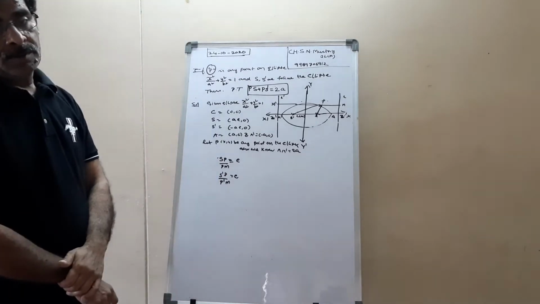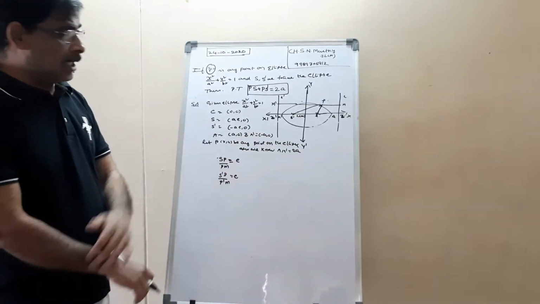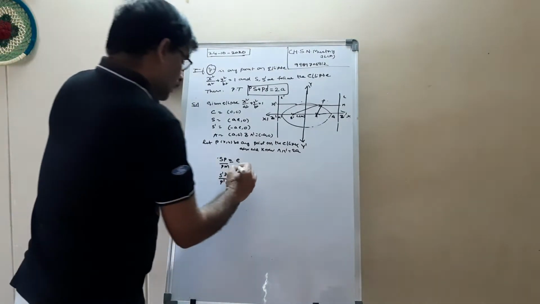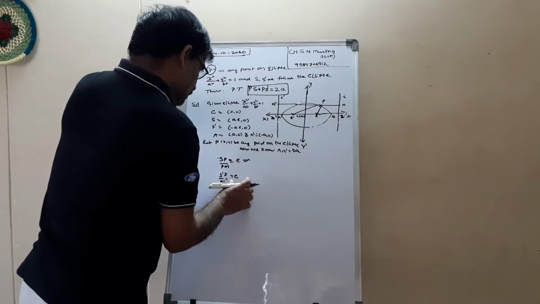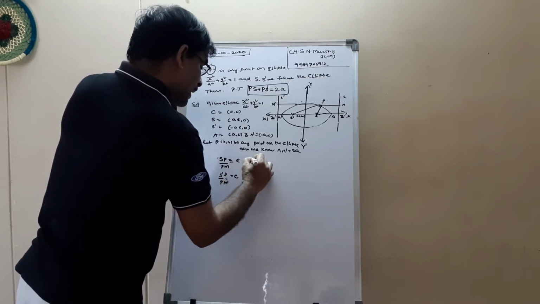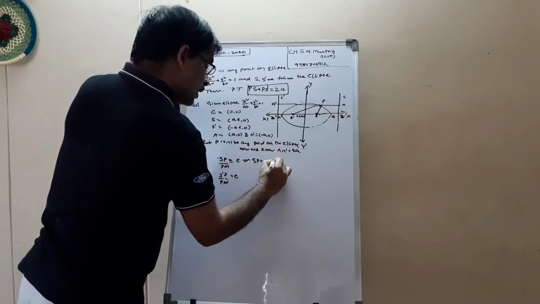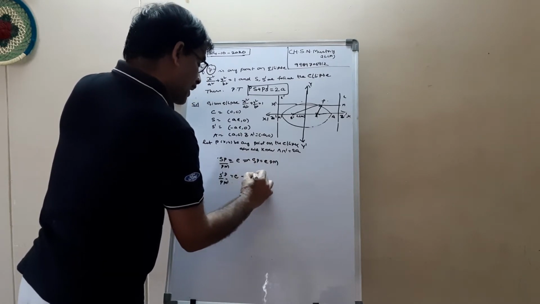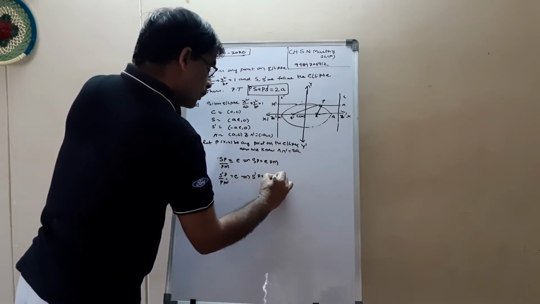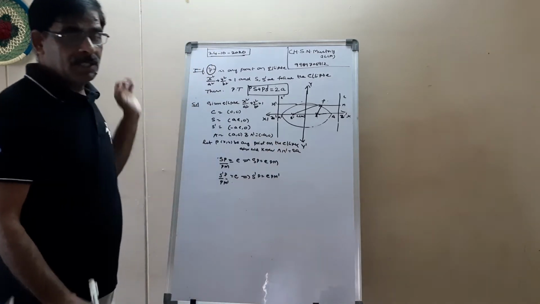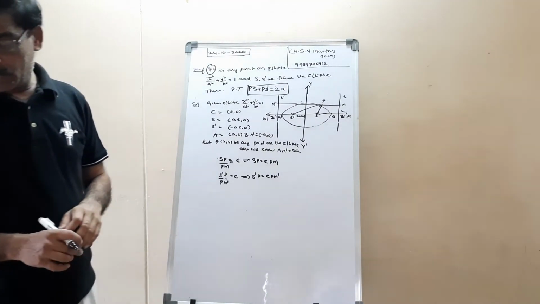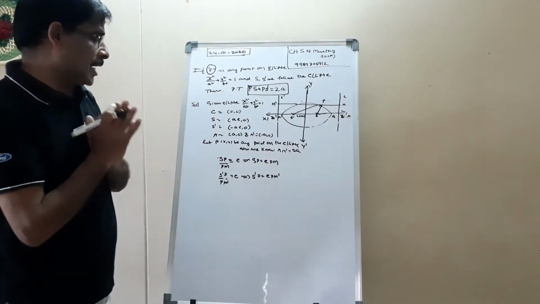This is the definition of a conic. It implies SP equal to e PM and S dash P equal to e into PM dash. This is the value of SP and S dash P.